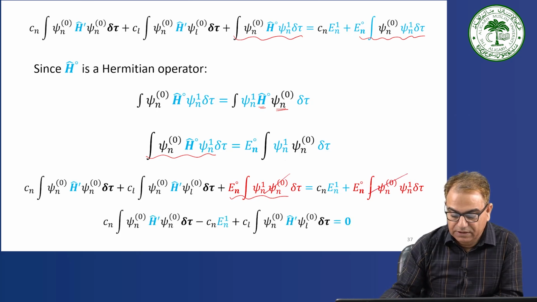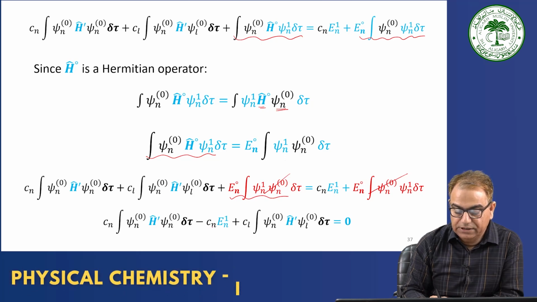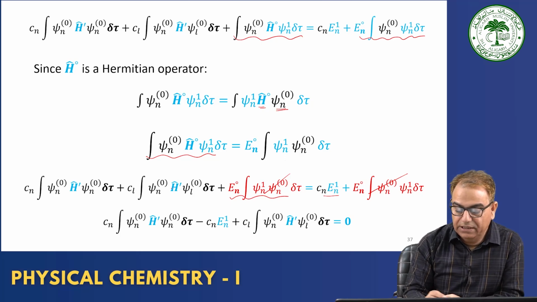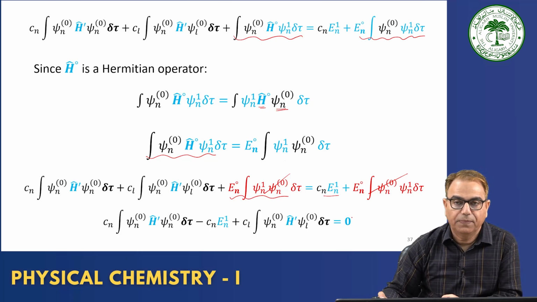So what you have is this one, Cn psi n naught h prime psi n naught theta minus Cn En1. This Cn En1 I have brought on the left hand side, so it is minus Cn En1, plus this Cl psi n naught h prime psi l naught theta is equal to 0. Okay.